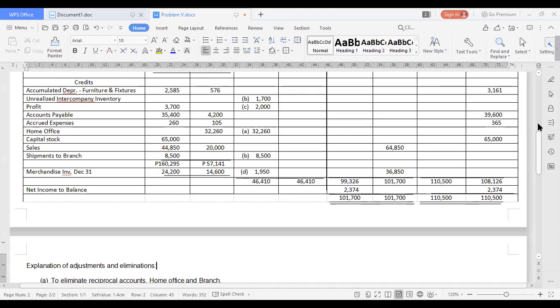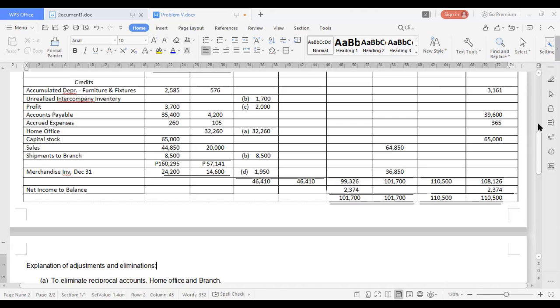Among the assets and liabilities, assets on the debit side are greater than liabilities and shareholders' equity. So take note, you are adding to the debit side of the income statement and to the credit side of the balance sheet.